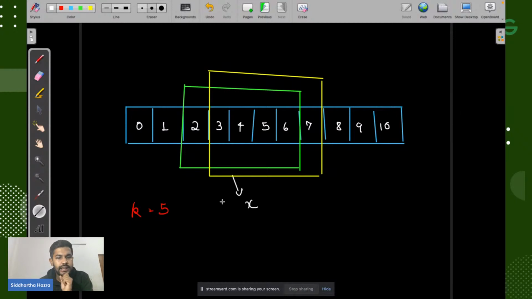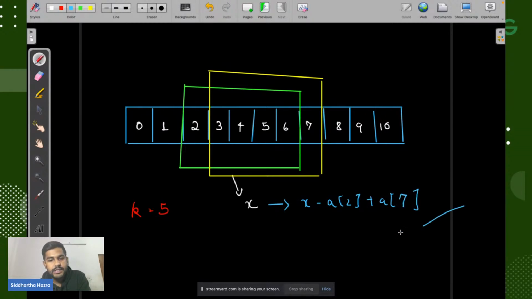So I can say that the next window value is nothing but x subtract a of 2 and add a of 7. Suppose this is the window, so the next window is this value and subtract this value. Am I clear with this or not?